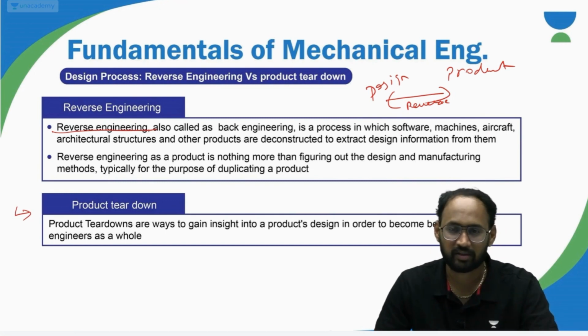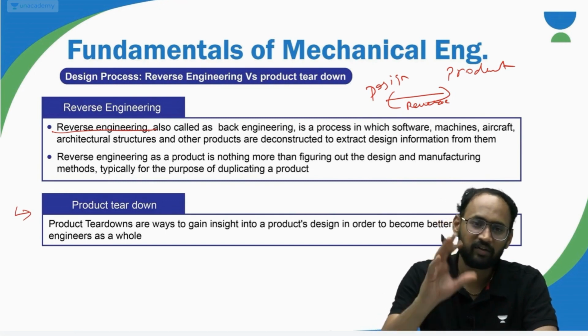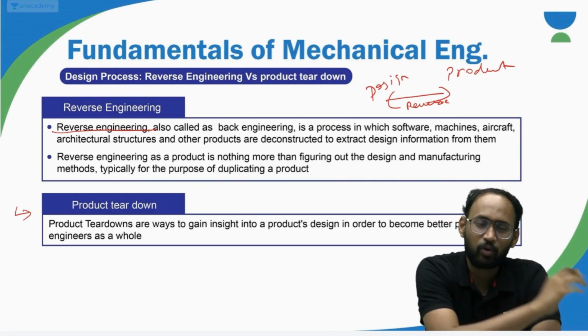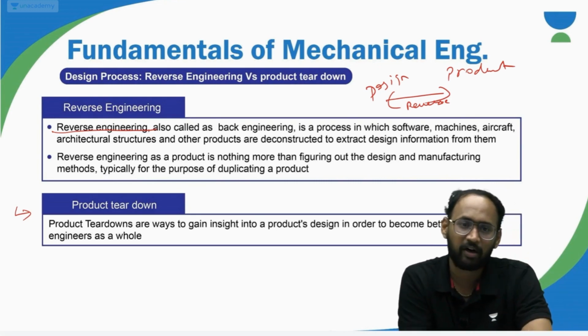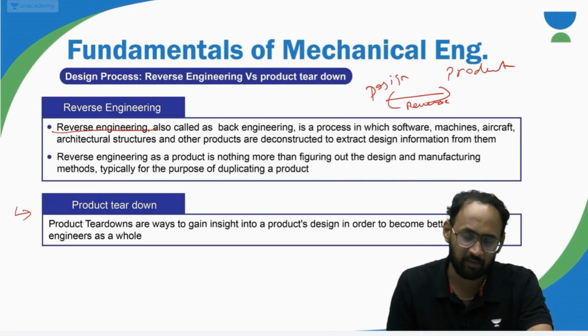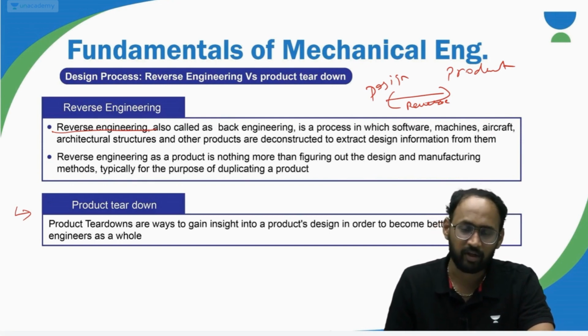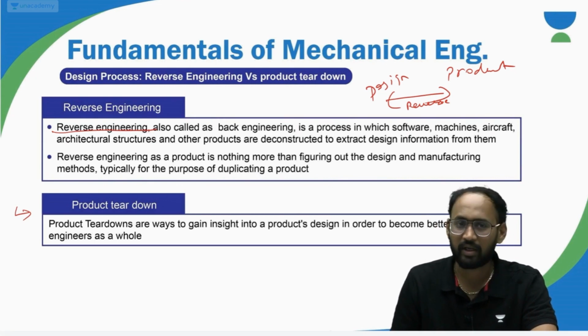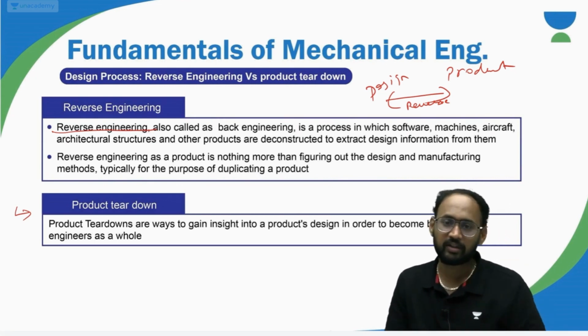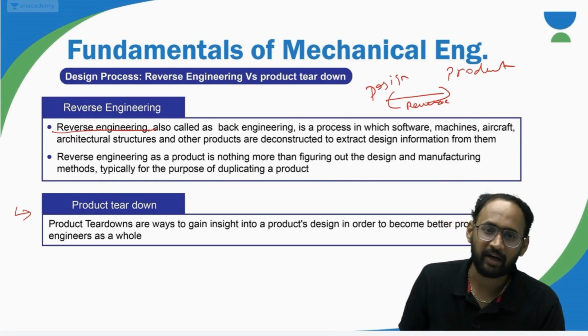They are very close, but in reverse engineering at the end you have the design, while in a product tear down you go only up to a certain level and try to understand the functionality of each and every component. Product tear down is very common. As a design engineer, you would try to break down the product and understand it.